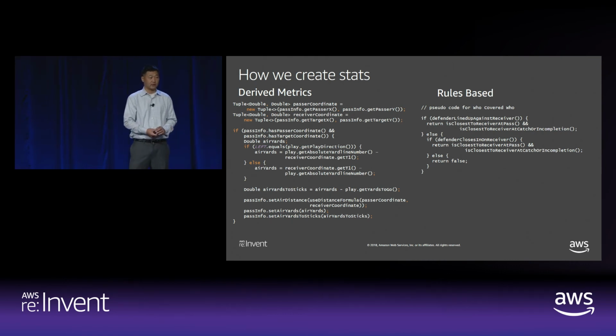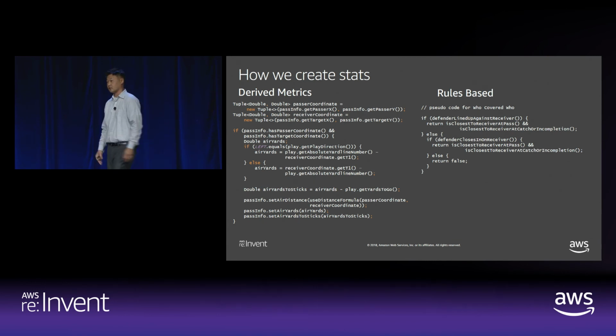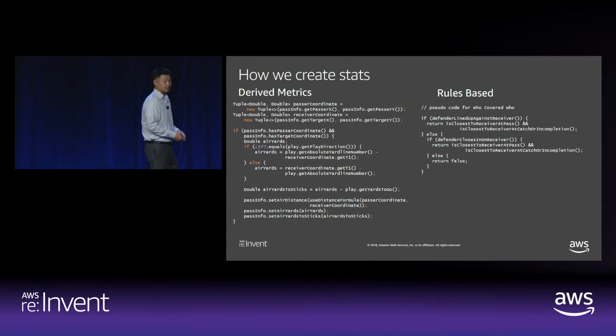You might take it a step further and say, over the course of the play, which of the defenders had the shortest average distance to the receiver? And then you might say, at the time that the ball was thrown, which defender was closest to the receiver? And if all three of those match, you're pretty confident in the stat.